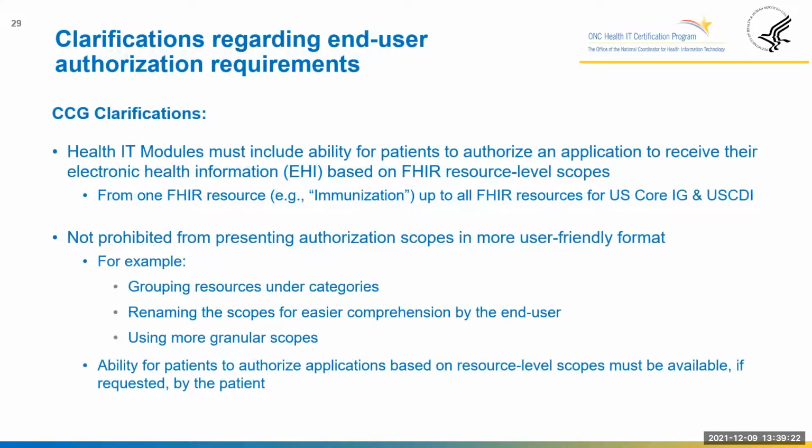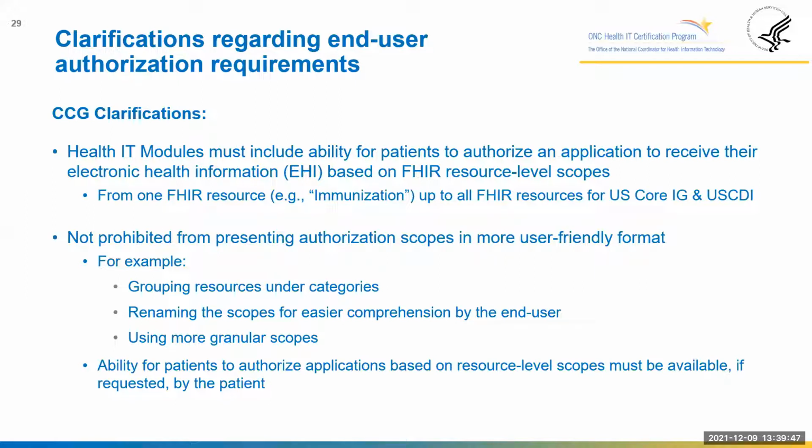And so the clarification we gave in response to these inquiries was that we restated the requirement in the regulation and the preamble, that health IT modules must include the ability for patients to authorize an application based on resource level scopes. But health IT developers are not prohibited from presenting these authorization scopes in a more user-friendly format.